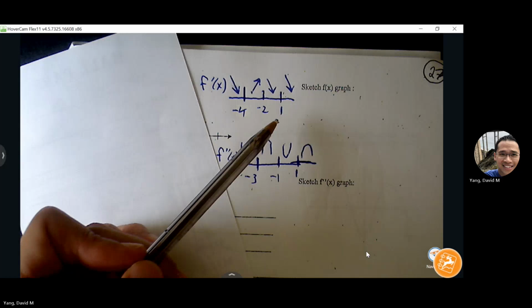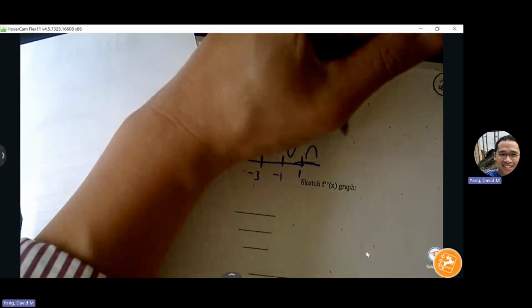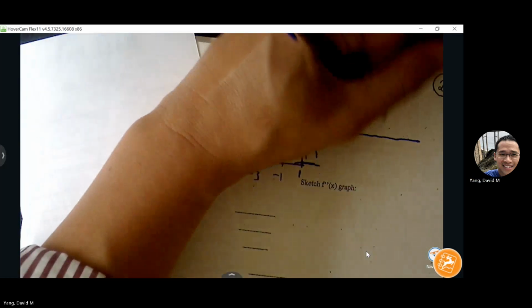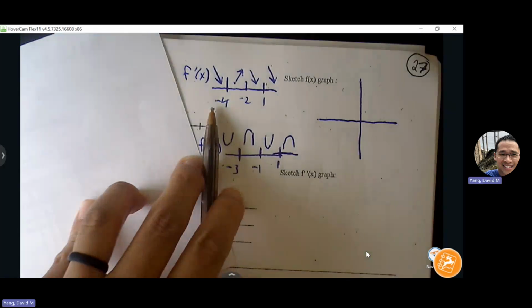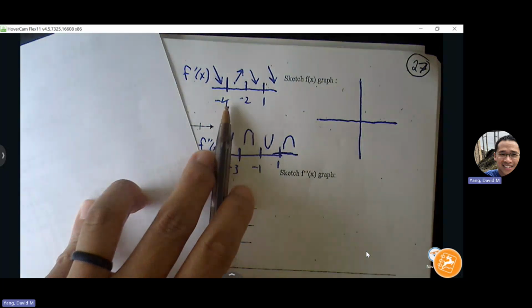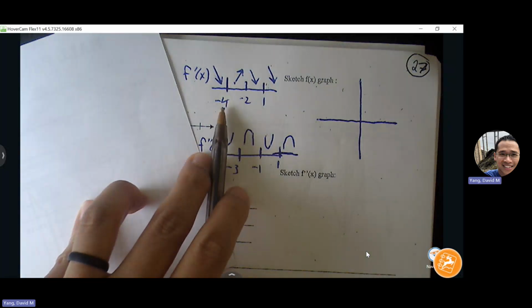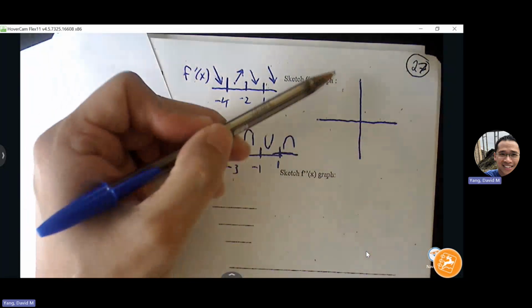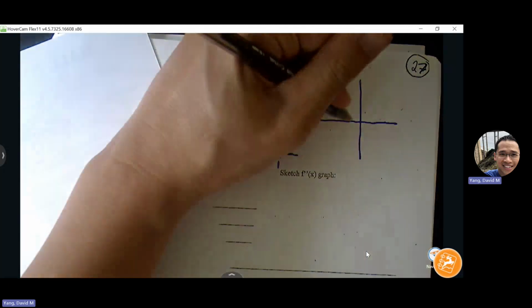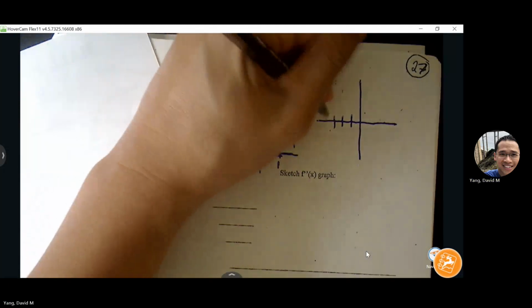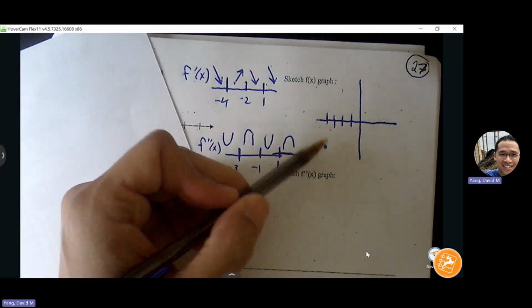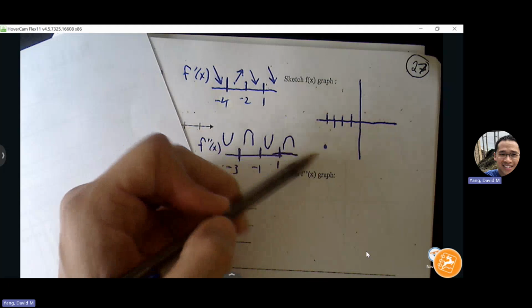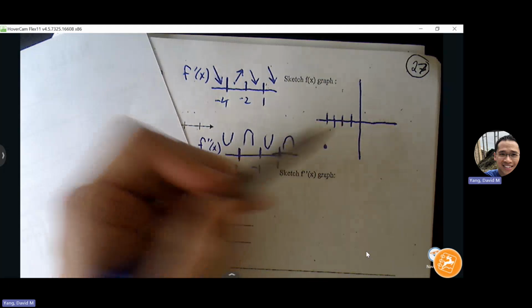All right. So what do you expect at -4? Relative downward slope. Okay. And then what do you expect at -4 though? A relative minimum. Now you can make your relative minimum anywhere you want. I'm just going to make it lower on the graph. I'm just going to pick an arbitrary point. You can pick a point higher or lower than me, but you know your graph is going to have some relative min.